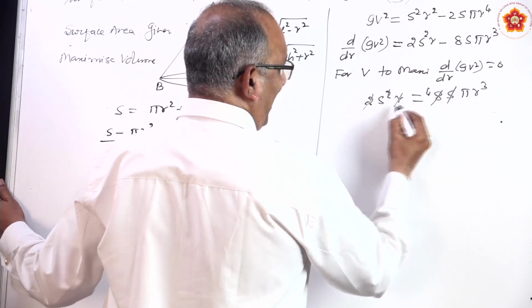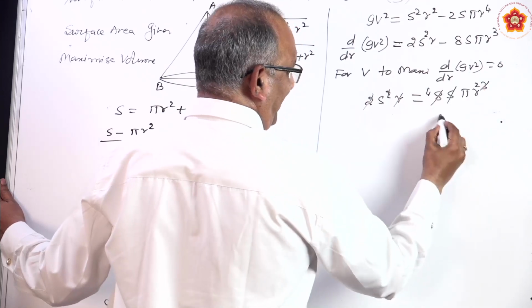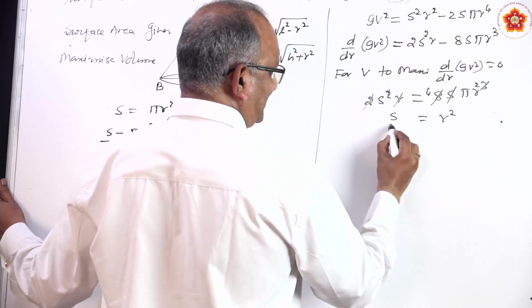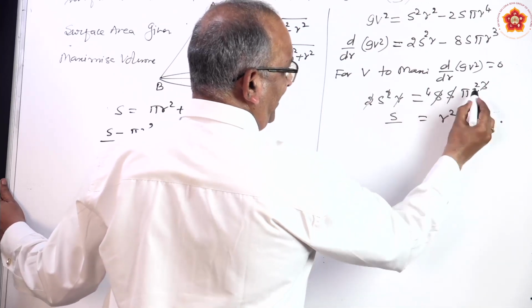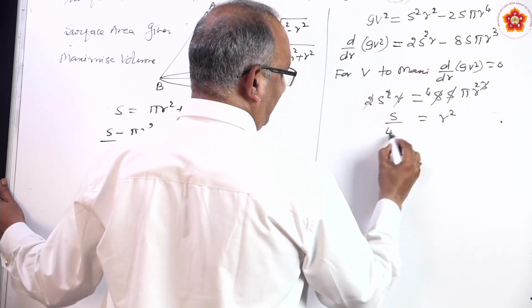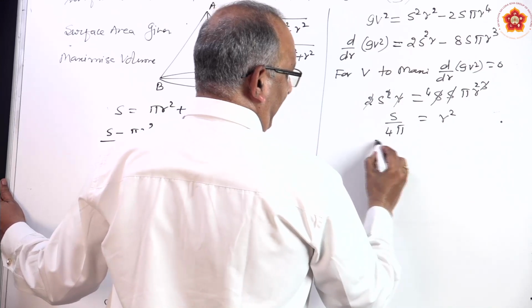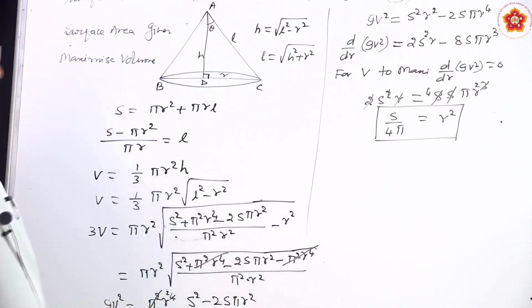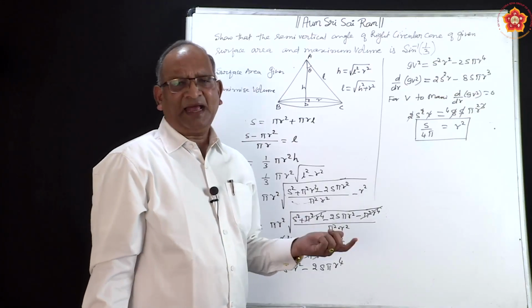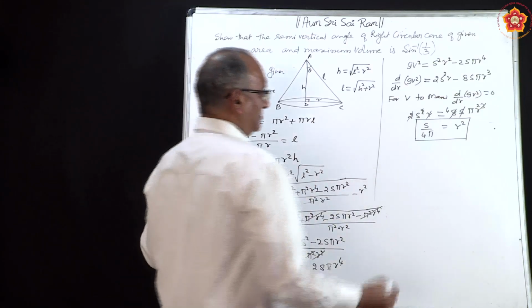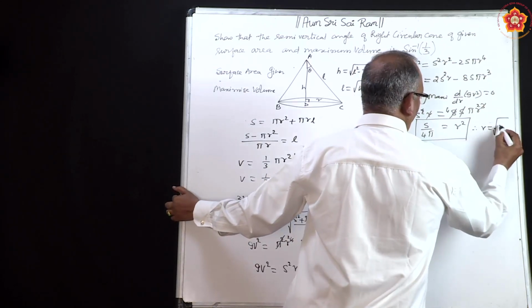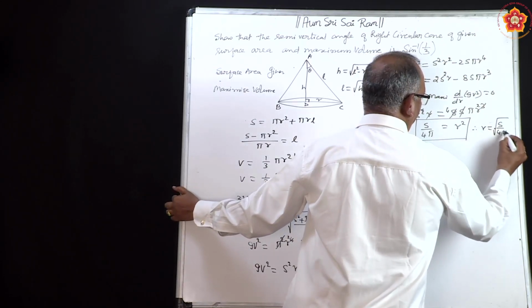So 1 r gets cancelled. So you get r square is equal to s, here left hand side only s is left, by here what is left? 4 pi. R square is this much. You can say r is square root of it. You can also write r is equal to under root of s by 4 pi.